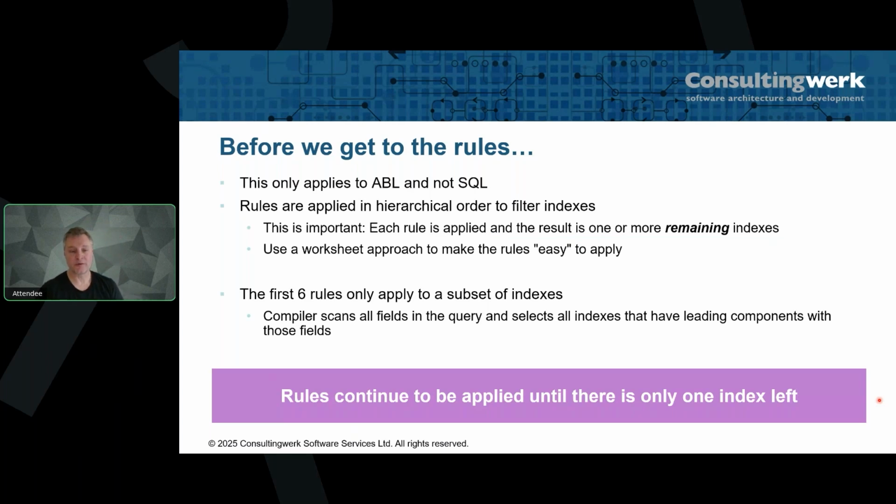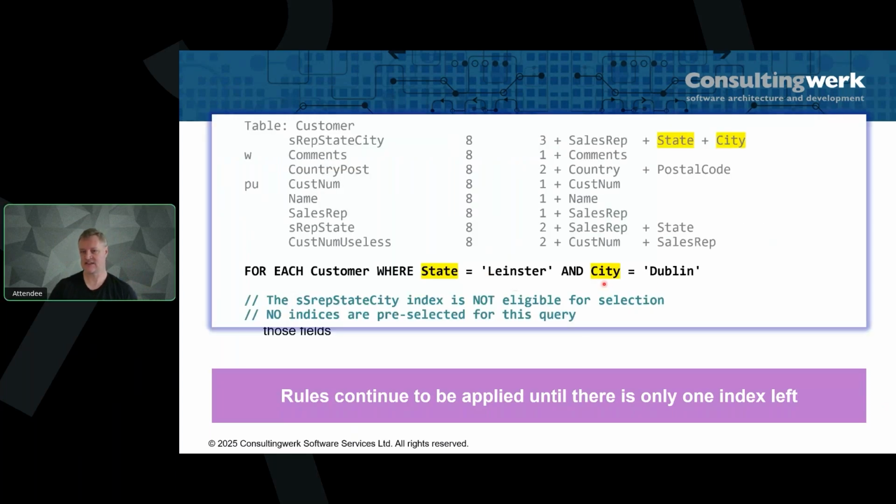The important part here is that in order to use an index, you have to select the leading fields of the index. So if we have a query like below, customer where state is Leinster, city is Dublin, and we have an index called srep state city, with state and city fields in it, for this query, this index will not be selected, because the index selection happens on the order of the fields in the index.